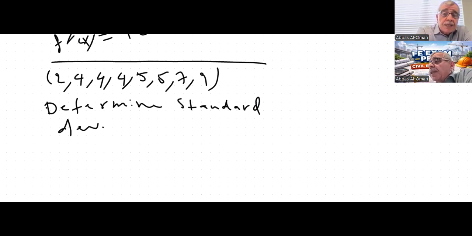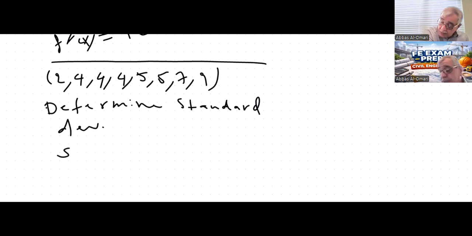One formula is for a sample, and one formula is for the population. Now, the difference between them is only that if we do the standard deviation for the population, we divide by n, the number of data points, and if we are doing it for the sample, we divide by n minus 1.